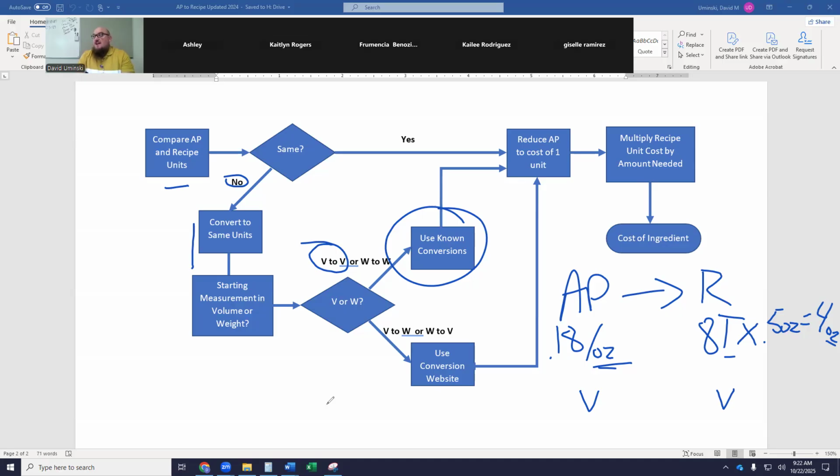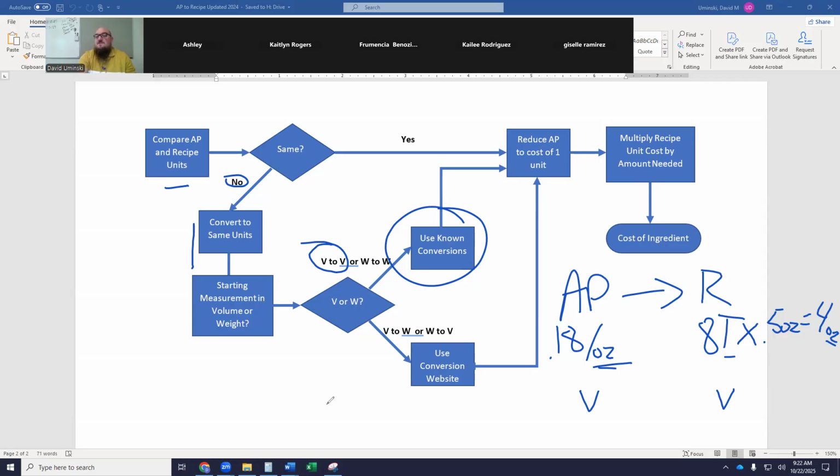And now I've drilled into your head that for the project, if you see tablespoons and cups, you have to go to the website. But the reality is you only go to the website if it's a dry ingredient. Because if it's liquid like olive oil, then 1 tablespoon of olive oil is half of a fluid ounce. It's already a volume measurement because we measure that in volume. That's a very common error.